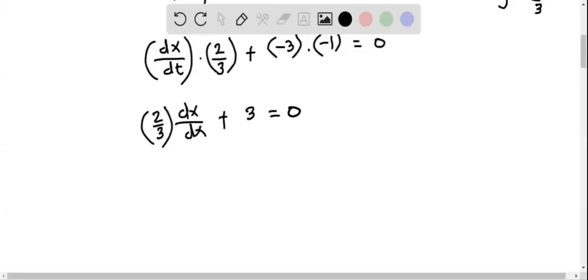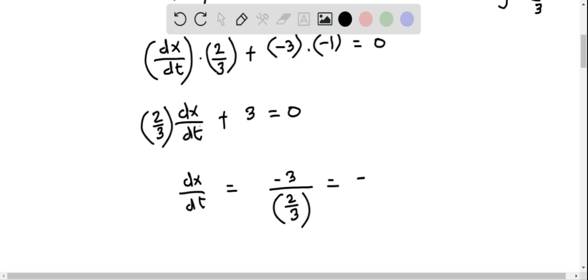So let's solve for dx over dt by subtracting 3 from both sides and then dividing by 2 thirds.